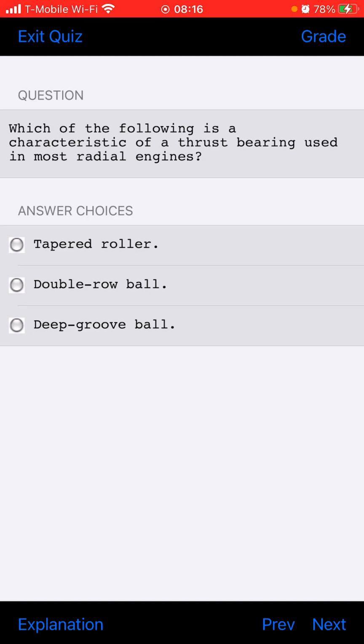As it leaves top dead center, it accelerates from zero velocity to a maximum velocity, which is reached when it is 90 degrees beyond top dead center. It then decelerates to zero velocity at bottom dead center. I don't know what they're talking about there.